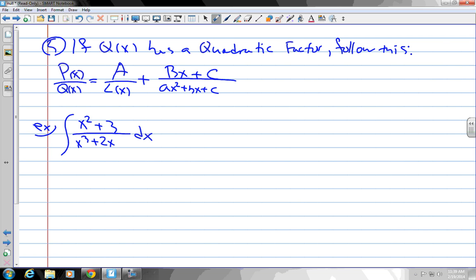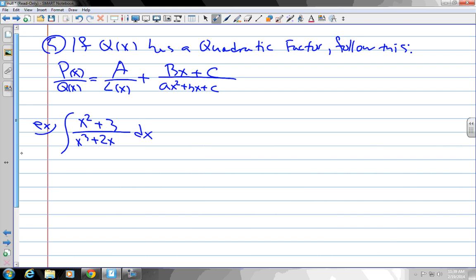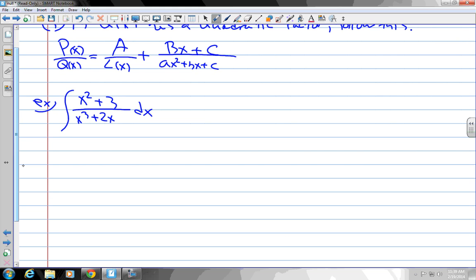So first step, we'll take x squared plus 3 over x cubed plus 2x and factor that. So x squared plus 2 cannot be broken down any further.